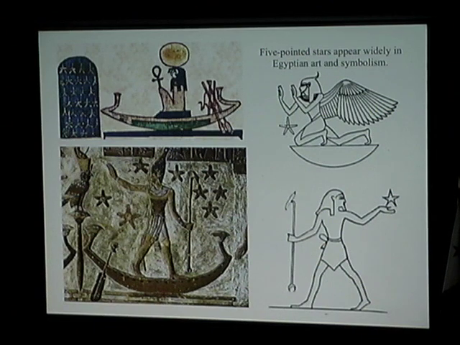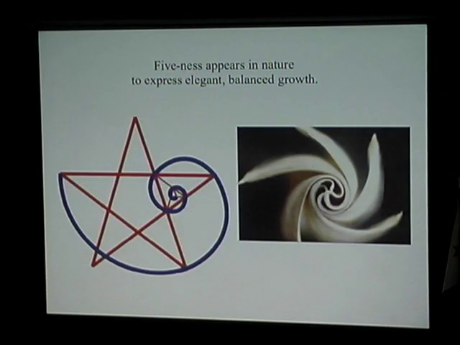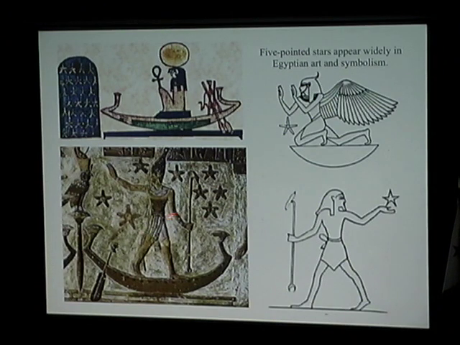So I'd like to take a little while to look at the place of this star in Egyptian art. It appears widely in their art and symbolism, and it occurs in a variety of types. In other words, here's a five-pointed star with a circle in it. Here are other ones that are drawn almost like Chinese characters. Another one with a circle in it, one without a circle in it.